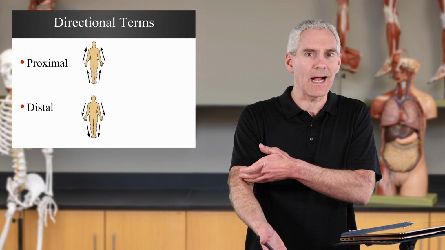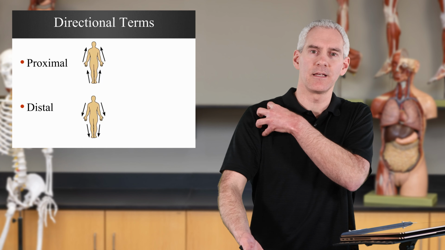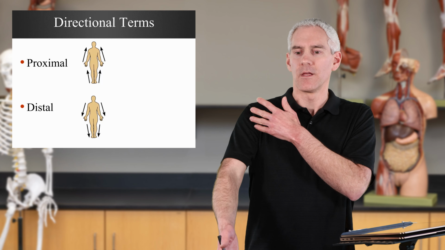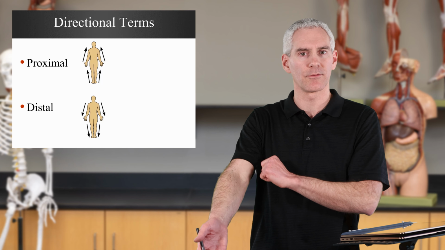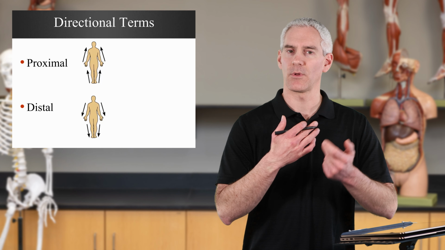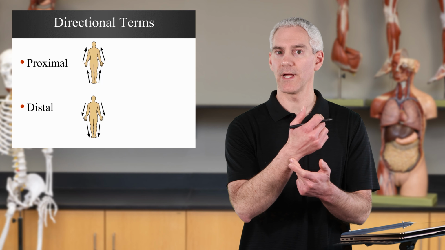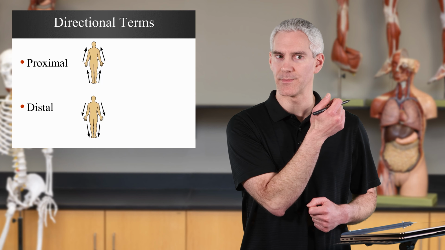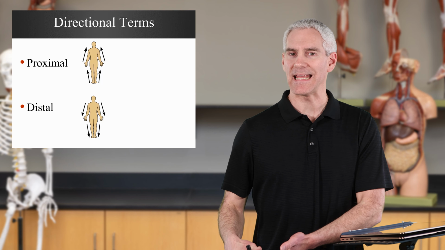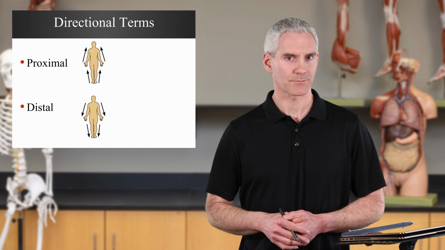Well, the elbow is proximal because it's closer in proximity to the point of attachment, the shoulder. You could say that the wrist is proximal to the fingers because the wrist is closer to the point of attachment. Same thing for the legs. The knee is proximal to the ankle.